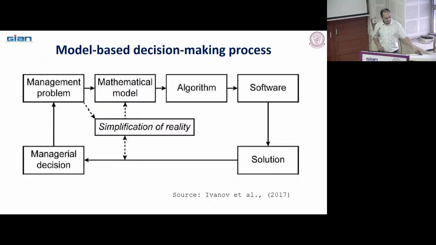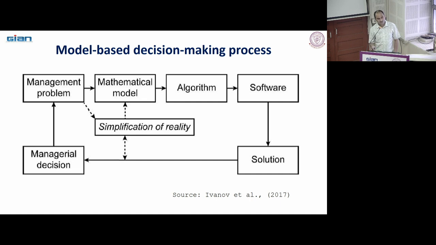So that's basically the overall model-based decision making process. You can see here, the management problem, they wanted to open the facility. Then they decided on a team to lead that facility location problem, and that team developed some mathematical models. Then you solve that mathematical model using the algorithms, exact, meta-heuristic or heuristic, based on the problem complexity.